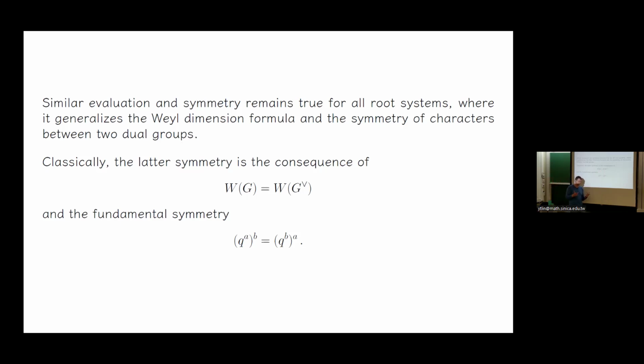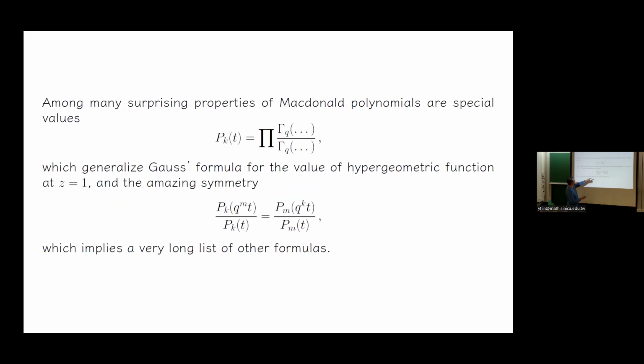If you have a character of a group, its argument lies in the weight lattice, and by considering things like that, you make another argument live on the coweight lattice. And so you have a function on two dual lattices, and if you exchange them, it becomes the same thing.